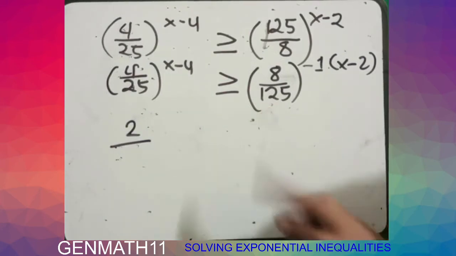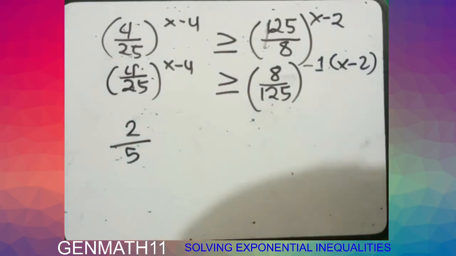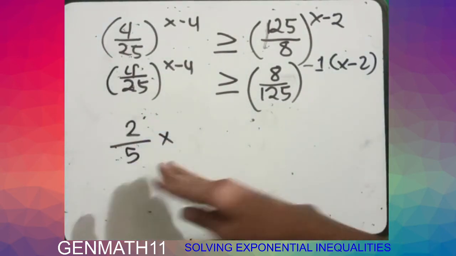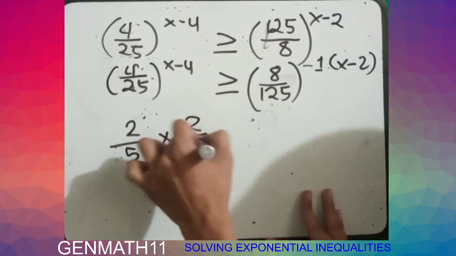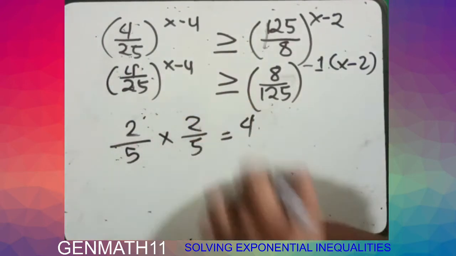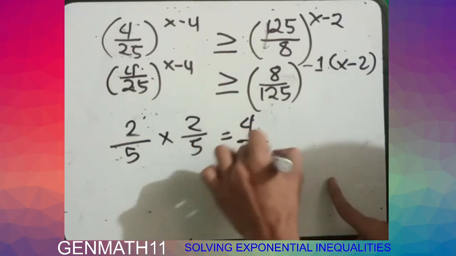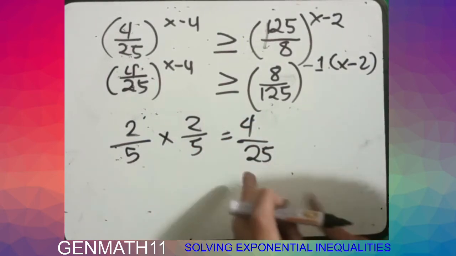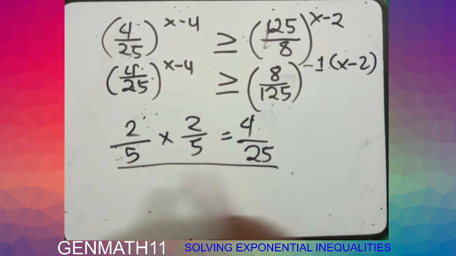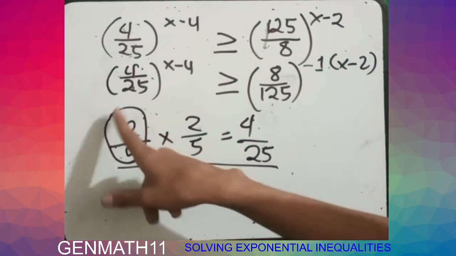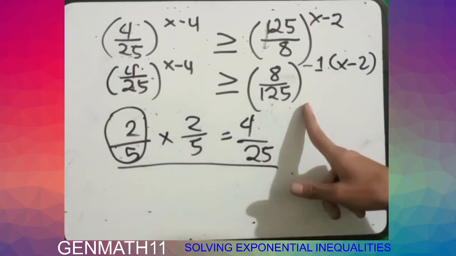So, sa palagay ko, 5. Okay. So, i-try natin siya. Kapag itinayo natin sa sarili si 2 over 5, magpo-produce tayo ng 2 times 2, 4. 5 times 5 is 25. So, ibig sabihin, tamang 2 over 5 yung ating base natin. So, try natin ito sa 8 over 25.